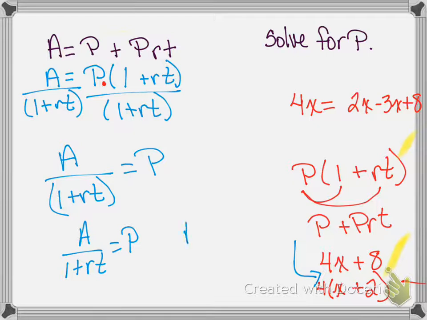If you like to write it at a slant like this, the way that this is written right here, you are only dividing A by 1. And you would have to have that in parentheses. So I tell students to go ahead and get in the habit of putting it in parentheses. Okay? That's as bad as it gets.